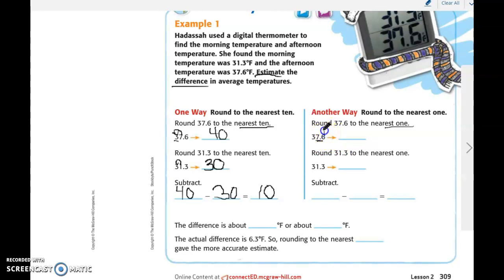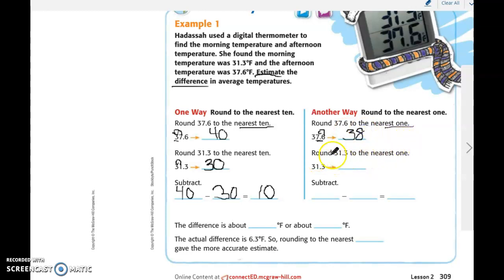The 6. So the 7, is it going to change or is it going to stay the same? Add one more. Why, Melanie? Because it's following the rules. Because it's higher than 5. So my 37 turns into a 38.